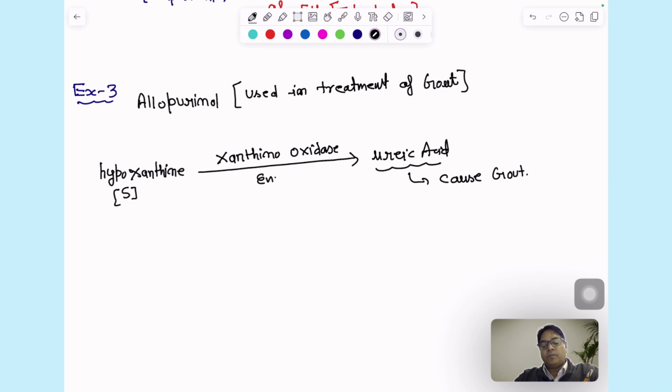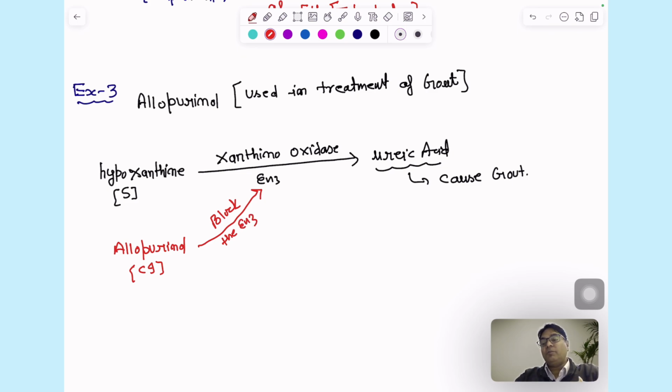This is the enzyme. Now, the competitive inhibitor, that is allopurinol, is a competitive inhibitor for this hypoxanthine, and it goes and blocks this enzyme.